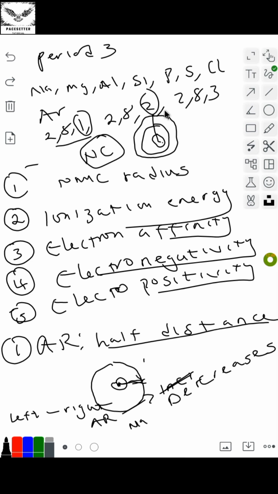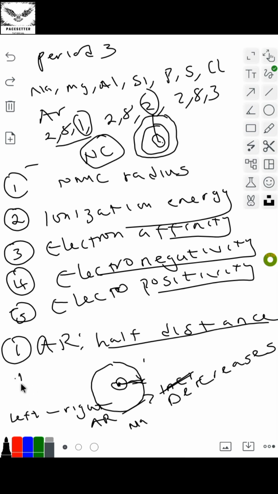The increase in the nuclear charge is what brings about the decrease, because the nuclear charge will counterbalance the atomic radius. So as you move across the periodic table from left to right, atomic radius decreases, while as you move down the group, atomic radius increases because of the increase in the number of shells.